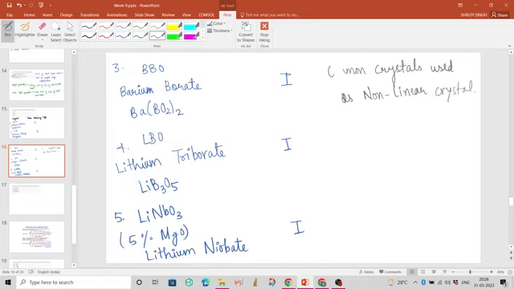Because we have seen that not all crystals can give nonlinear optics, because the crystal should have a high chi-2 susceptibility, that is a high second order susceptibility, and should be non-centrosymmetric.